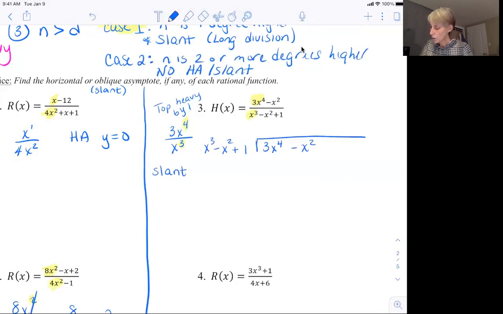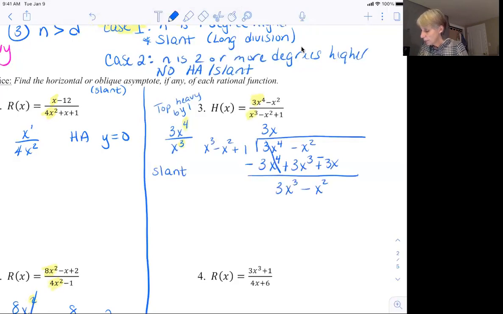x cubed goes into 3x to the 4th, so this is going to be 3x. Minus 3x cubed plus 3x. Now be careful when you're doing your subtracting line. Okay, so I was missing a couple terms. I didn't put in placeholders, so I'm just going to make sure I line things up correctly.